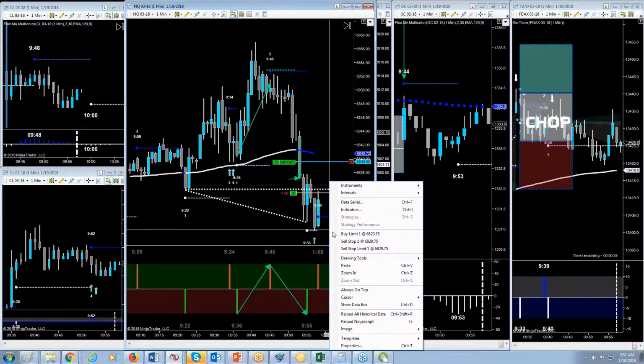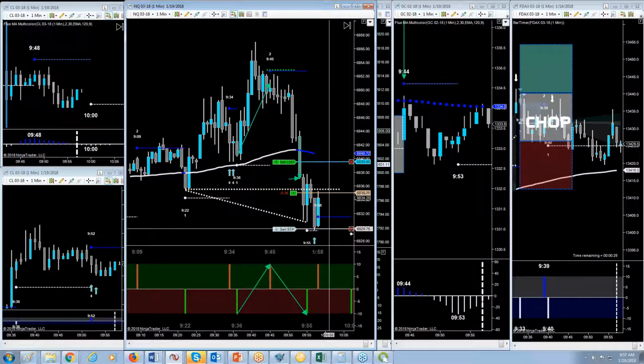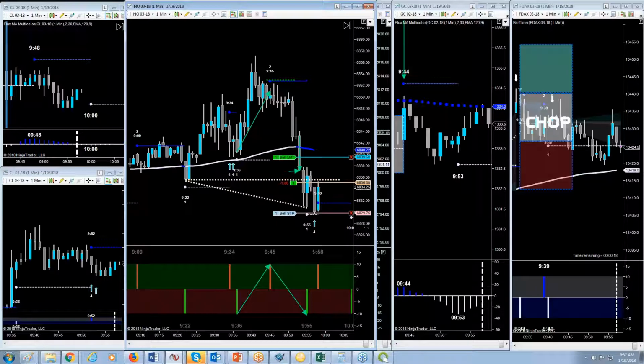What's one more among friends? Pattern 4 next to a pattern 1 is a 1-2 punch on the NQ. Potential trend reversal here. Let's see what we get.